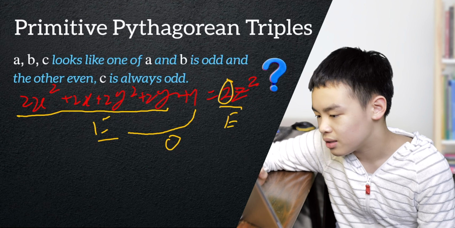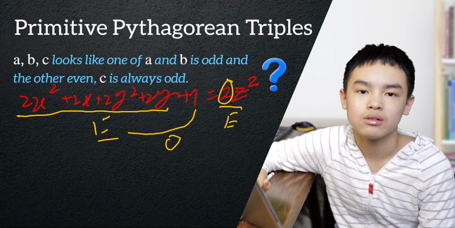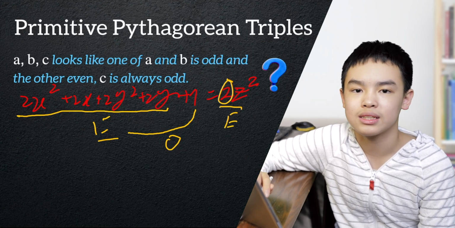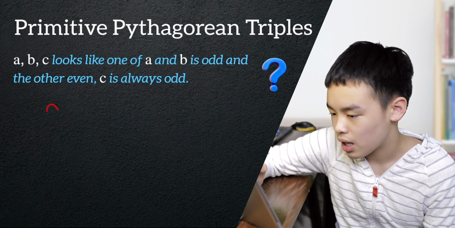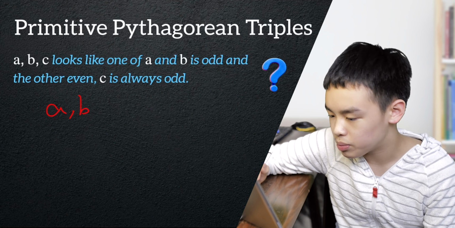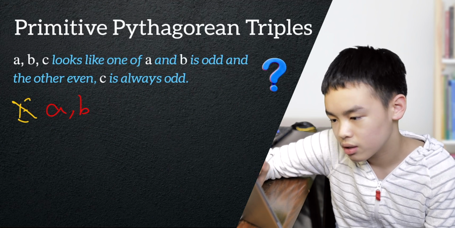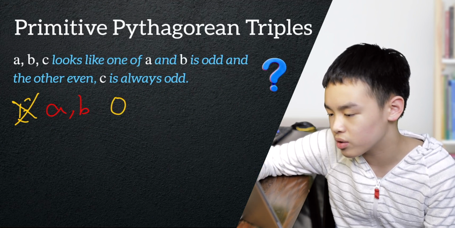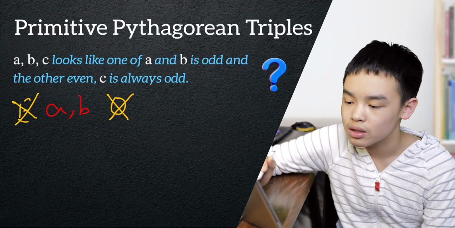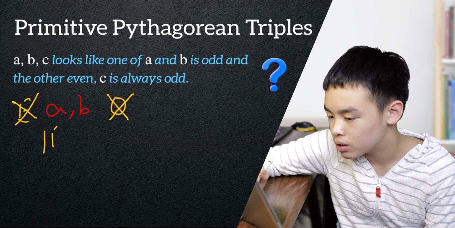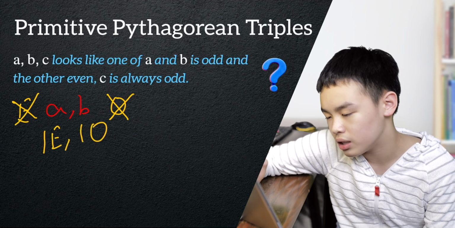So right now you're telling me that an odd number equals an even number, and that is absurd. So a and b cannot be both even. It will not be a PPT. They cannot be both odd, or else we'll get odd equals even. So it can only be 1 even and 1 odd.